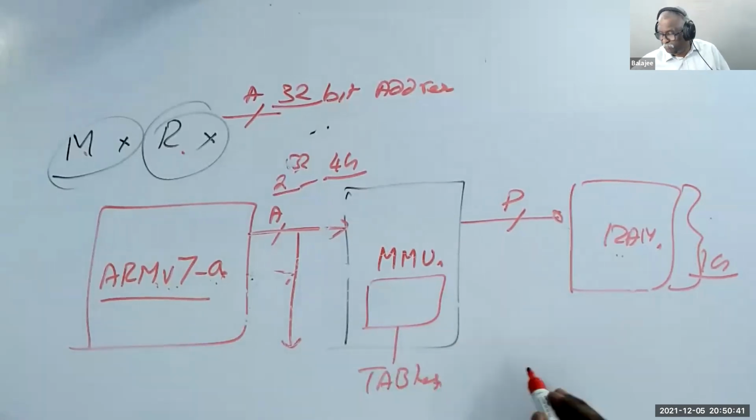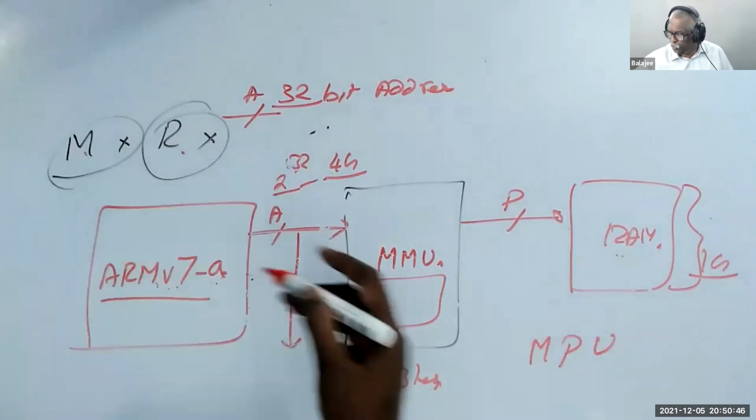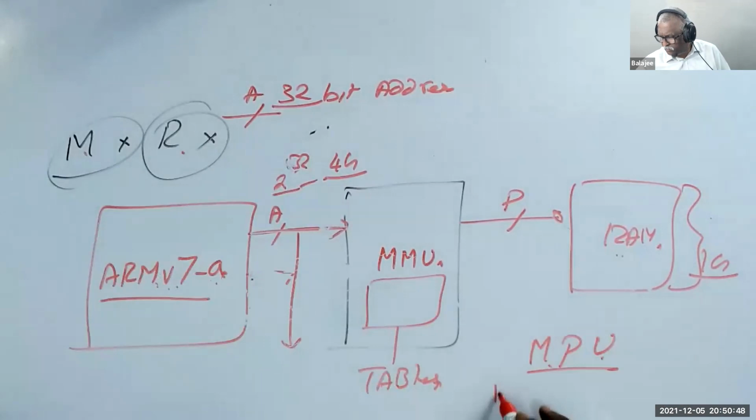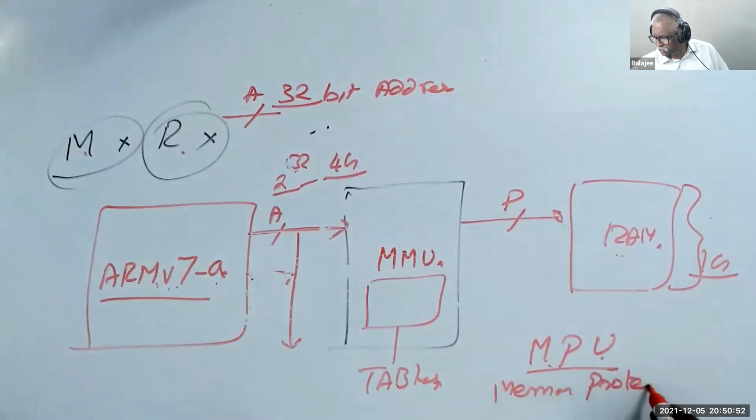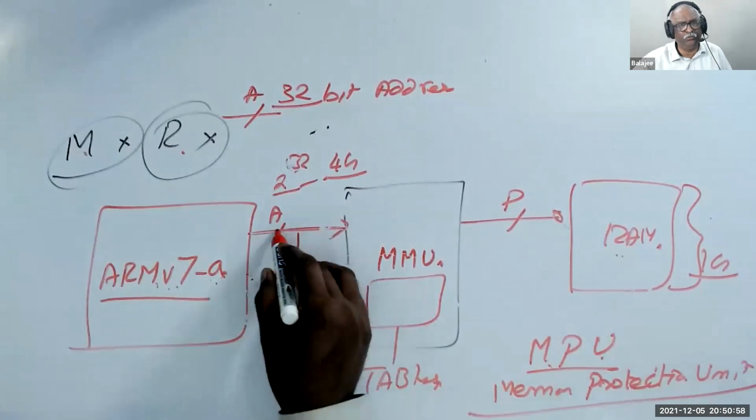That's why I told you about the MPU. In your Cortex M series and R series, you have an MPU, which is called Memory Protection Unit. It does not convert the address to physical.